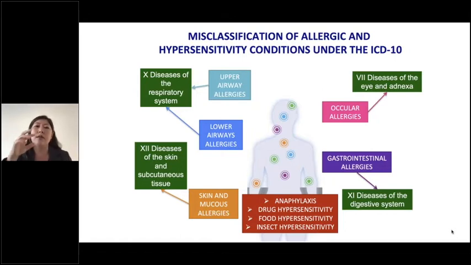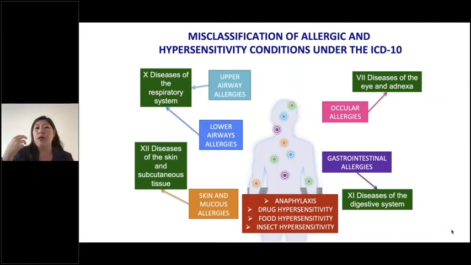However, the classification was not really precise and not really good in terms of terminology, classification and definitions. And worst of all is the situation with complex conditions in which we have more than one system manifested in the reactions, such as anaphylaxis, drug hypersensitivity, food hypersensitivity, and so on. So it reflects in clinical practice.